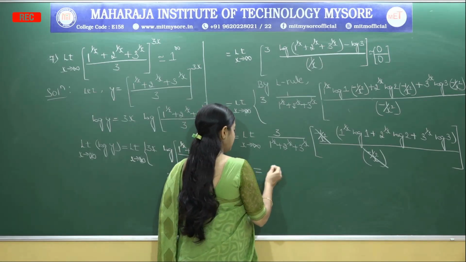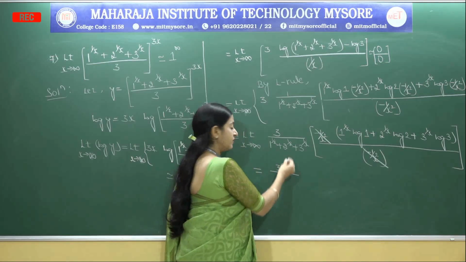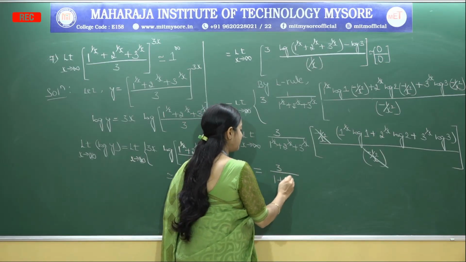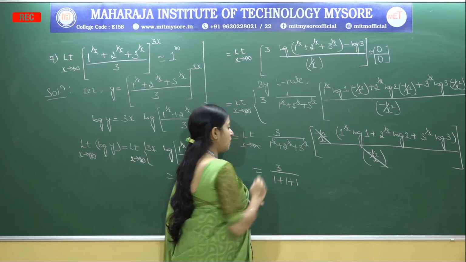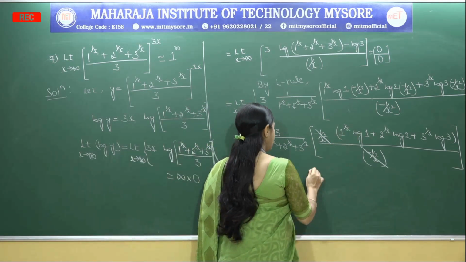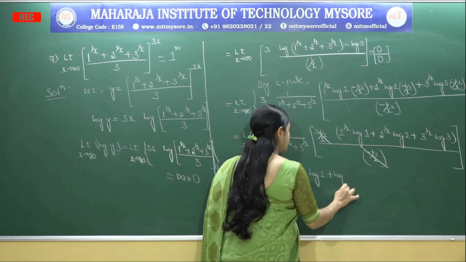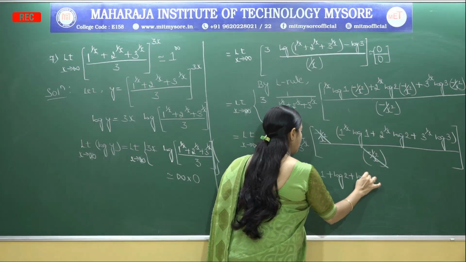So apply the limit: 1 by infinity gives 0. So 1 power 0 is 1, and 2 power 0, 3 power 0 also give 1. So keep the log 1 as it is, plus log 2 plus log 3.